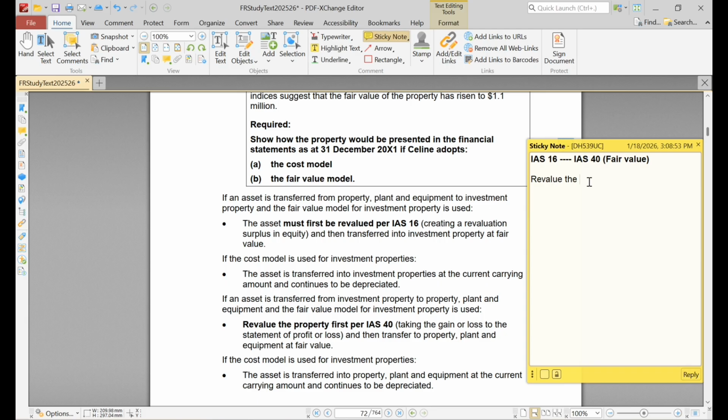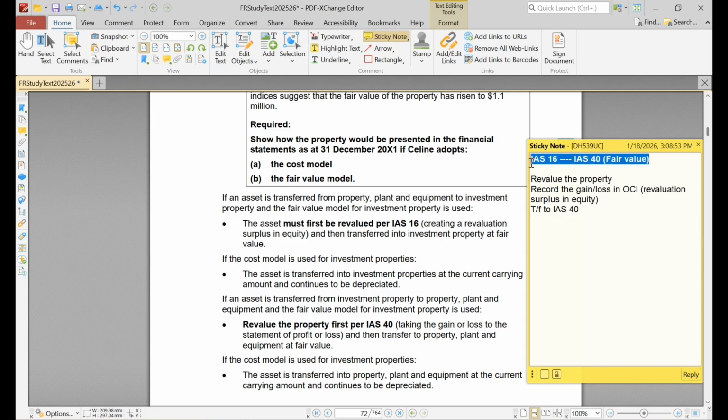Then record the gain or loss in OCI, that is, revaluation surplus in equity. Alright, and then after you have revalued it, you would transfer it to IAS 40 at fair value, as investment property.